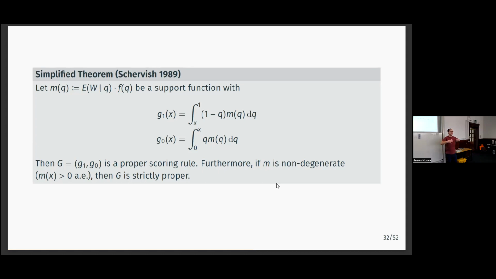Suppose it turned out to be true, how much would you expect to lose there? I have to integrate only where the cutoff is above my credence of X. That's why I'm integrating from X to 1. I don't know which bet it would be. There's 1 minus Q for the Q times the expected value of the importance. So that's how much I would expect to lose if it turned out true, and then similarly for G0.